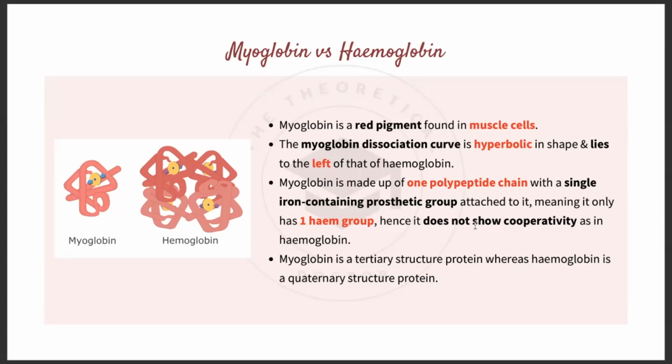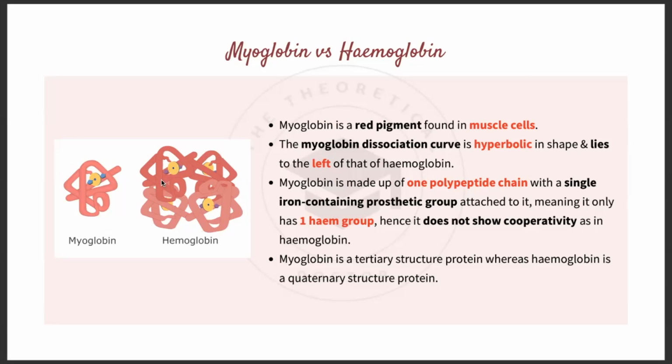Myoglobin is made up of one polypeptide chain with a single iron-containing prosthetic group attached to it, meaning it only has one heme group. Hence, it does not show cooperativity as in hemoglobin. In this picture, you see myoglobin is small. It contains only one chain, and hence only one iron, a single iron-containing prosthetic group.